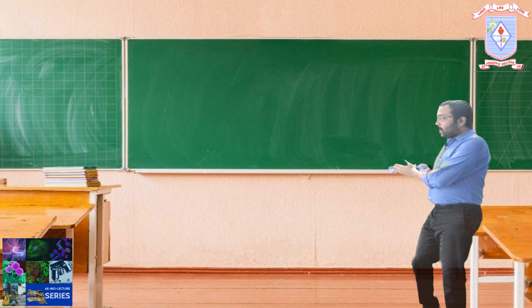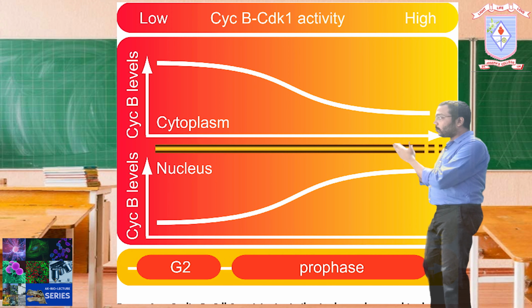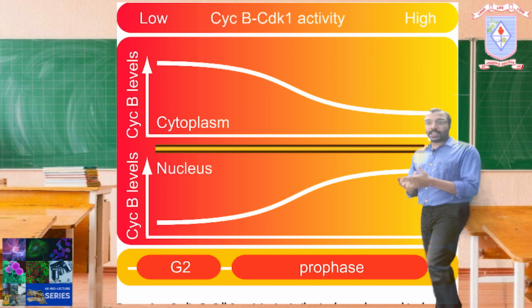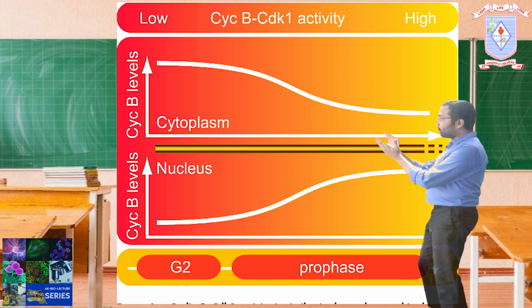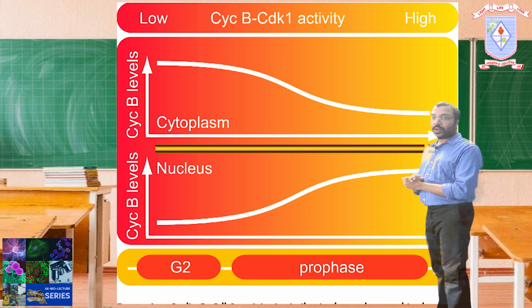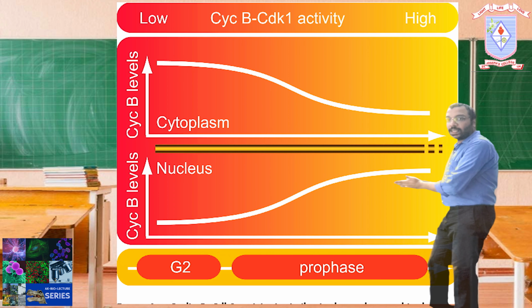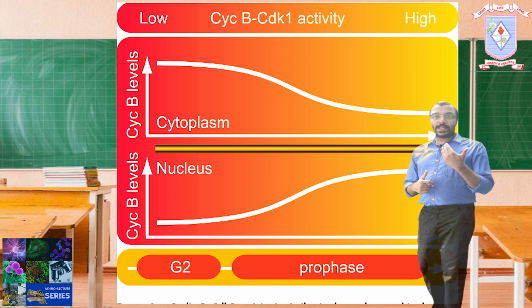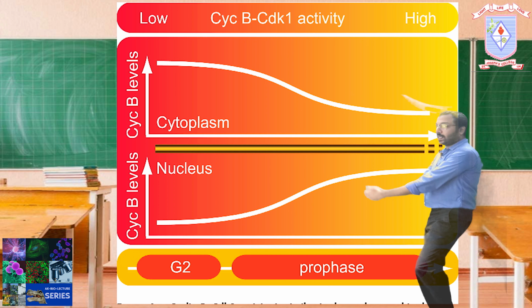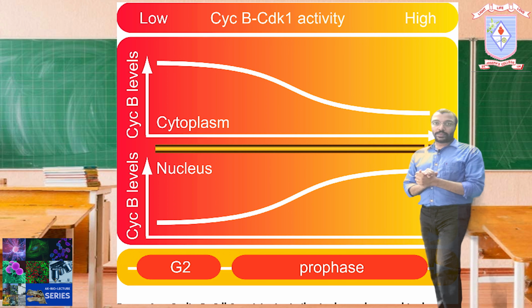Look at the graphical representation projected here. Here you can see the distribution of mitotic cyclin B-CDK1 complex in cytoplasm and nucleus. Here the x-axis represents the progression of the cell cycle, and the y-axis represents cyclin B concentration.